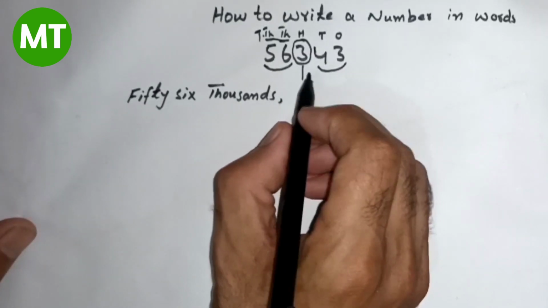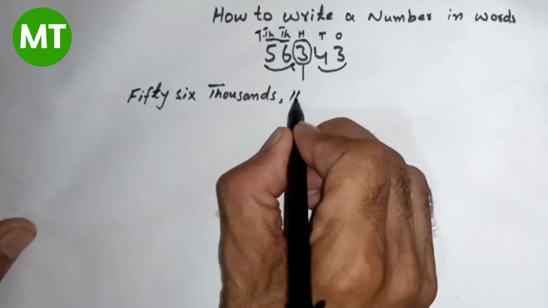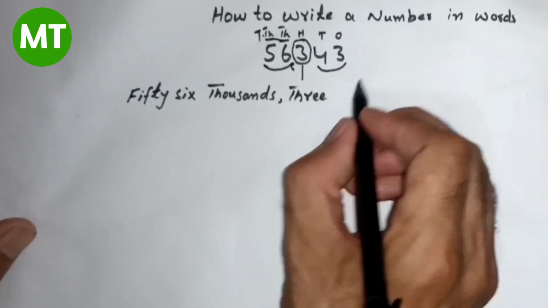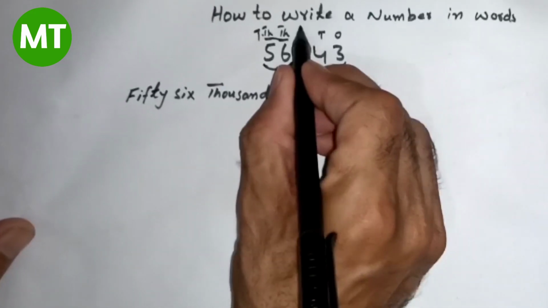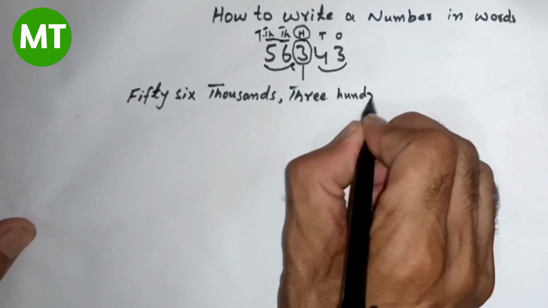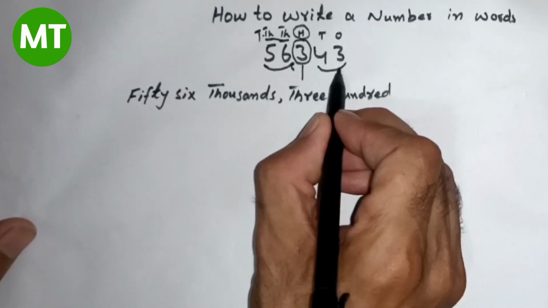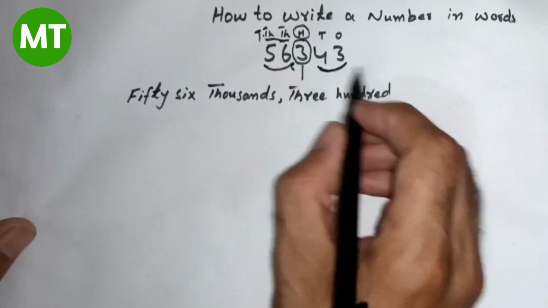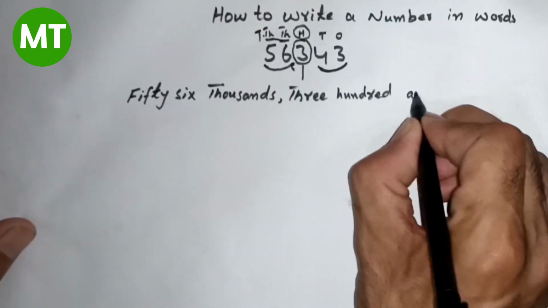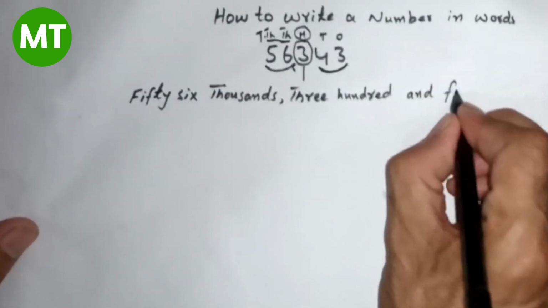Then the 3 is at the 100 place, and as we said already, it will be written as single. So the 3 will be written as single, so 3, and now the place value is 100, so it becomes 300. And the remaining tens and ones will always be written as a group, so it will become 43.